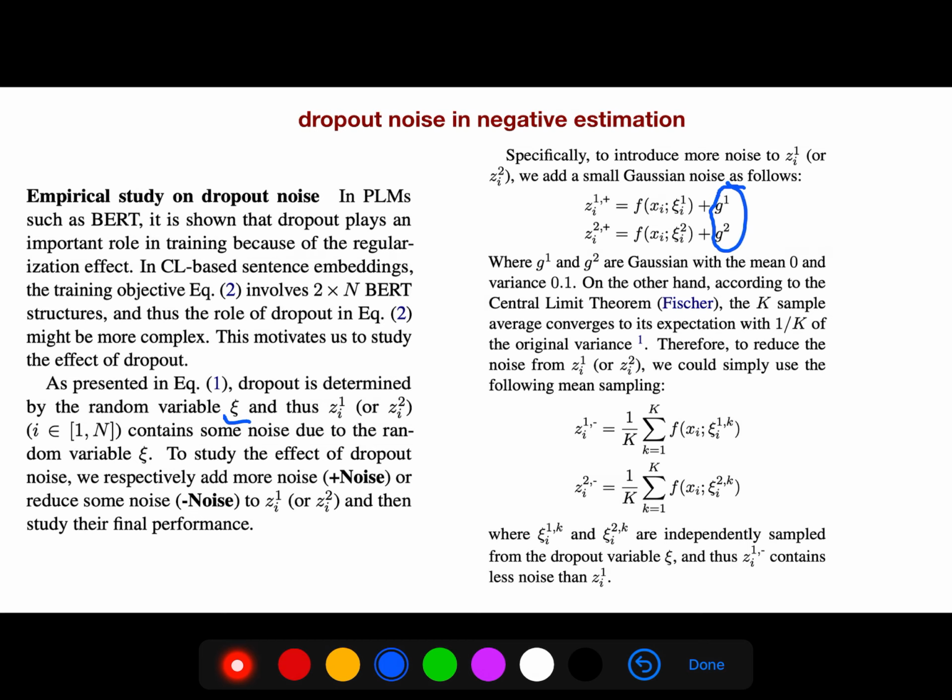And according to the central limit theorem in statistics and probability theory, the K sample average converges to its expectation with 1 over K of the original variance. Therefore, to reduce the noise, we could simply use just this mean sampling. We are just taking the average. And these, you can see, are independently sampled from the dropout variable.